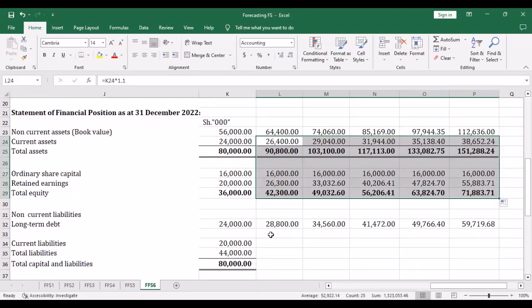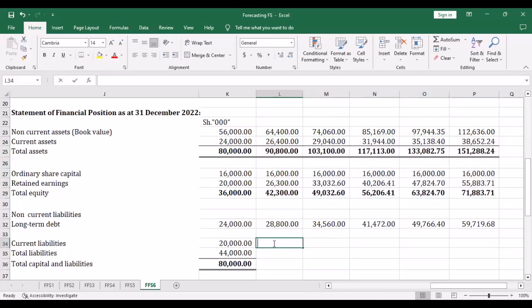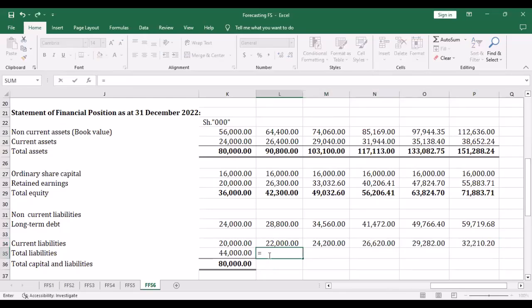Then also, they said current liability will also grow at 10%, isn't it? You multiply by 1.1, just that way. Then you drag. So equal, this is just a summation. So this one plus this one here.